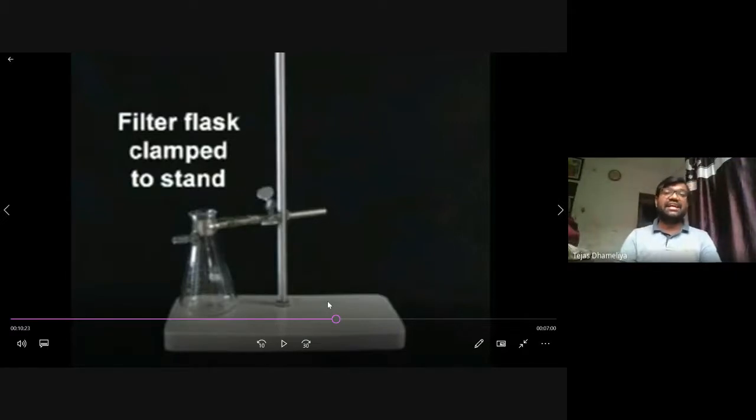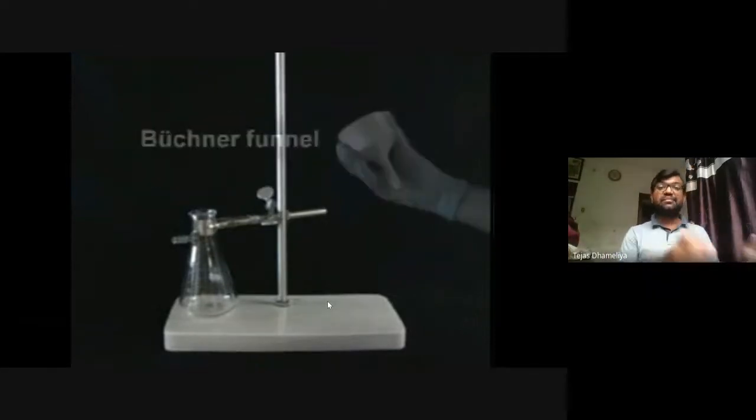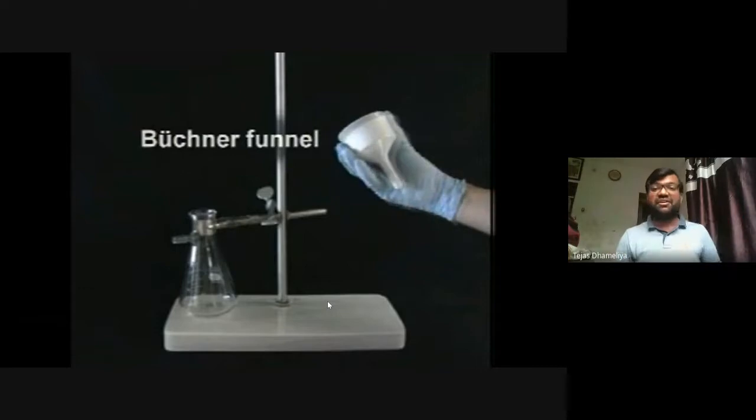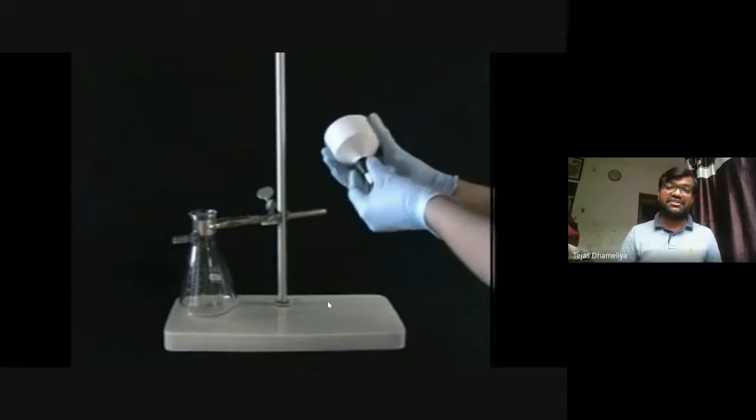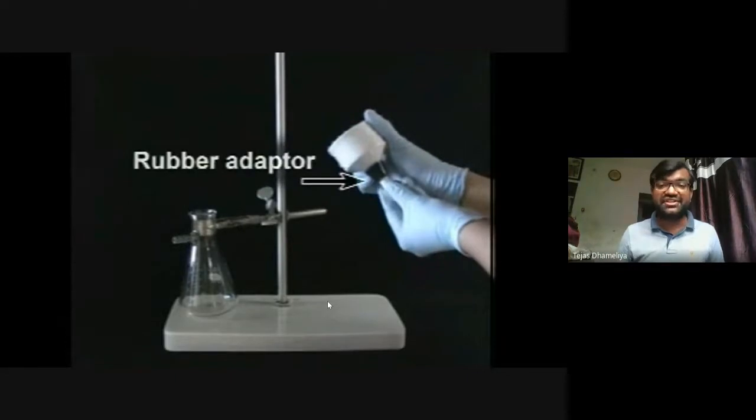This is how the filter flask is clamped to the particular stand. Its purpose is to increase the rate of filtration. Simple filtration has a higher rate than microfiltration, and vacuum filtration has the highest rate.